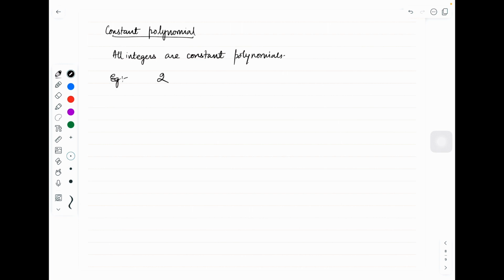Suppose we are writing 2 only. This 2 can be written as what? 2 into any variable, suppose x, to the power 0. This is 2 into 1 equals to 2. So this 1 can be written as any variable to the power 0. So it is a constant. See, polynomial means a variable is involved, a constant is involved.